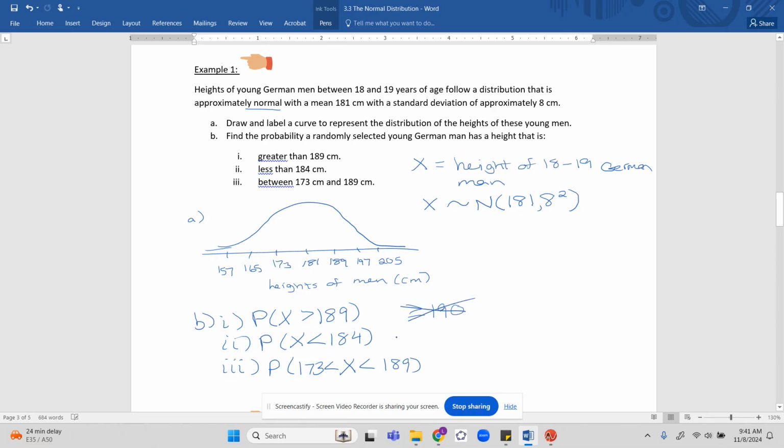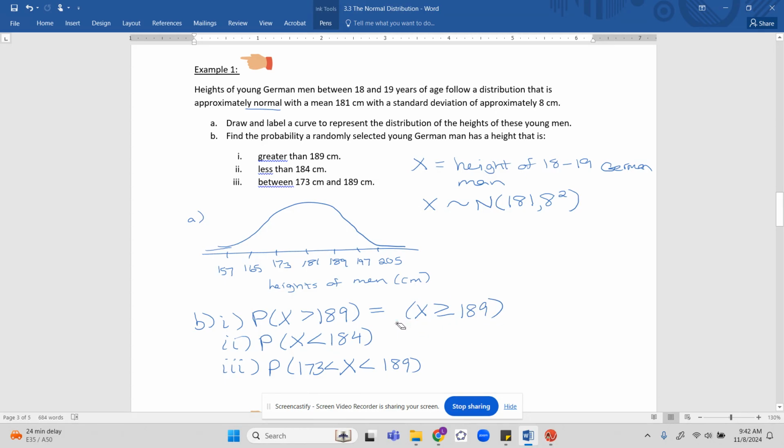But that was only for discrete values, because in the last unit you couldn't have anything between 189 and 190. But this is a continuous variable. So we learned that greater than 189 is actually the same thing as greater than or equal to 189. It does not matter. It gives the exact same answer.